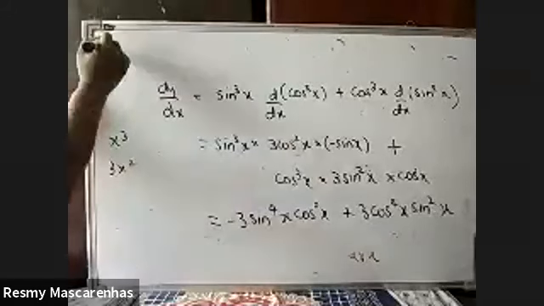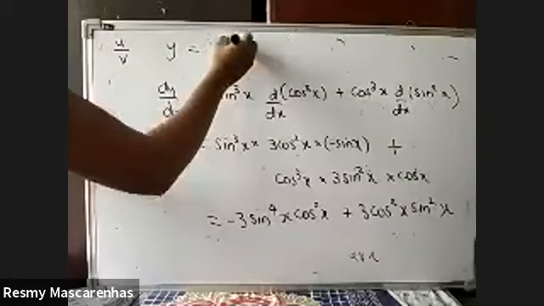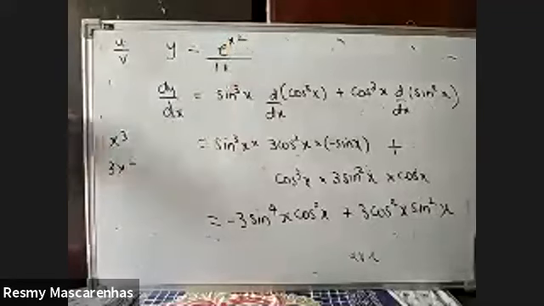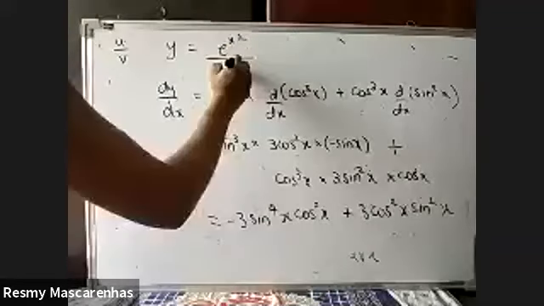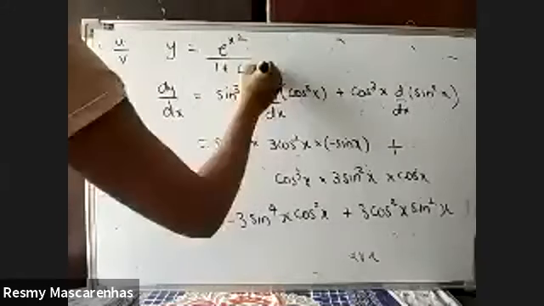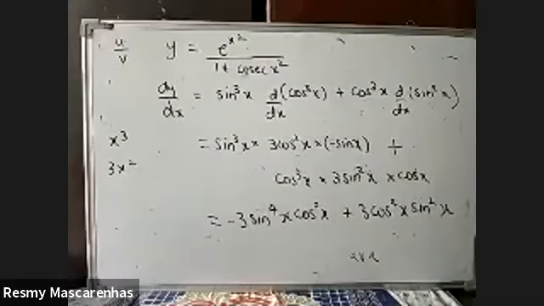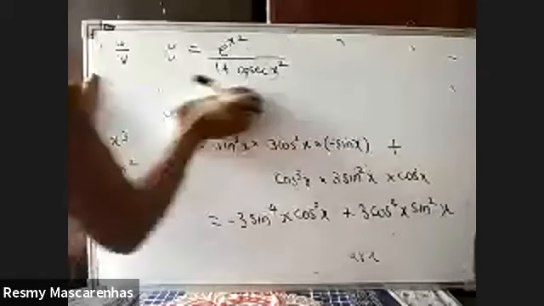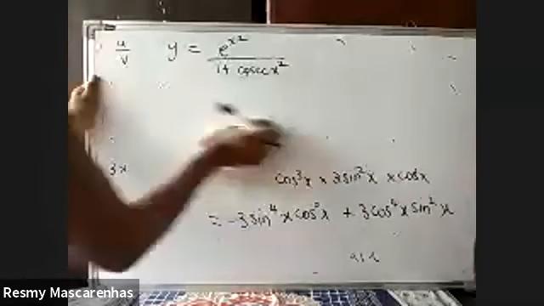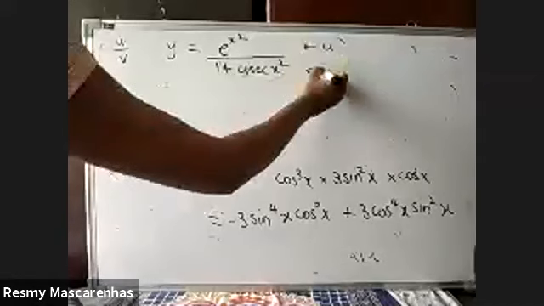Next is based on u upon v. Cosec x square. This is plus, so it is in the form of what? u upon v.